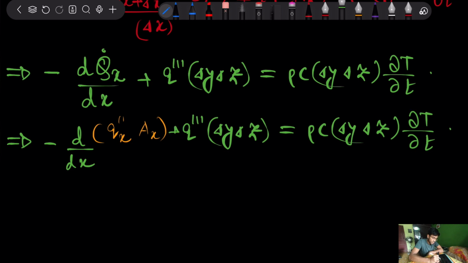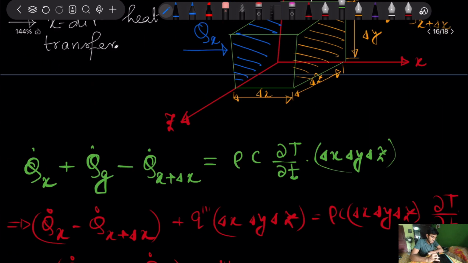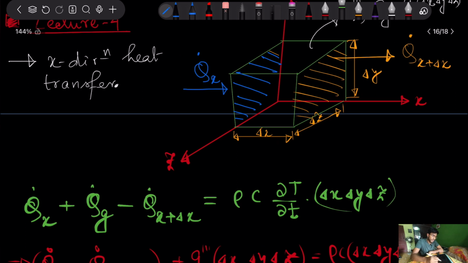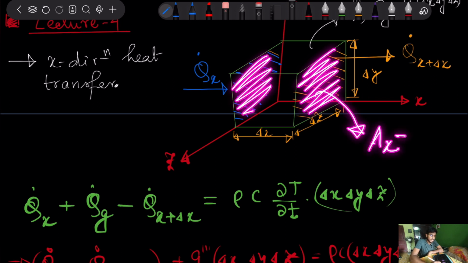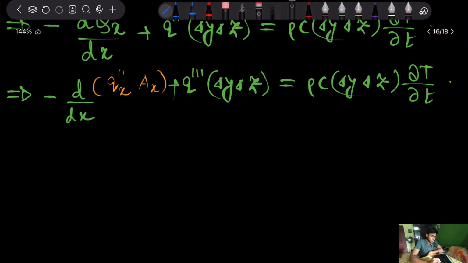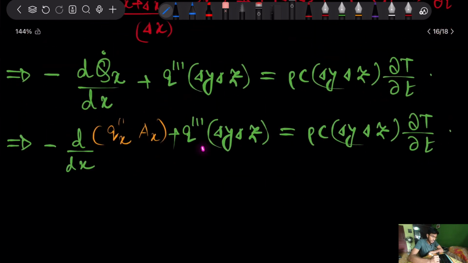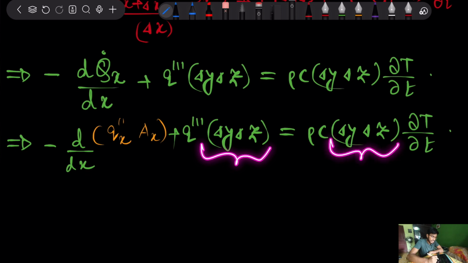So now you see from this diagram, this is my Ax, and that is equal to nothing but delta y into delta z, right?